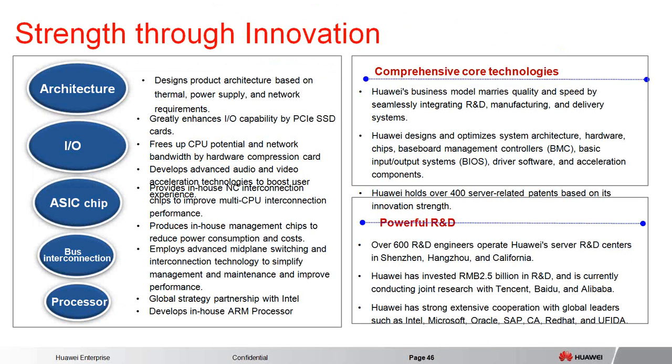ASIC chip. Huawei, besides the divisions that we have in R&D for networking, for the telco business, and for storage servers, also has a group that only works on chipset designs. We call that an ASIC. This chart shows ASIC chips, but it's really a design group that we collaborate with many key vendors such as Micron, Whiting, Intel, NVIDIA, and Broadcom.